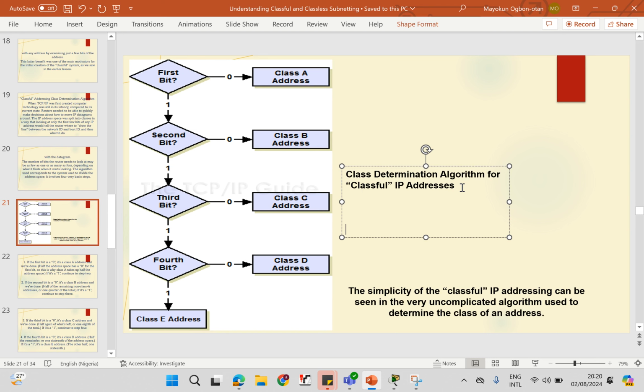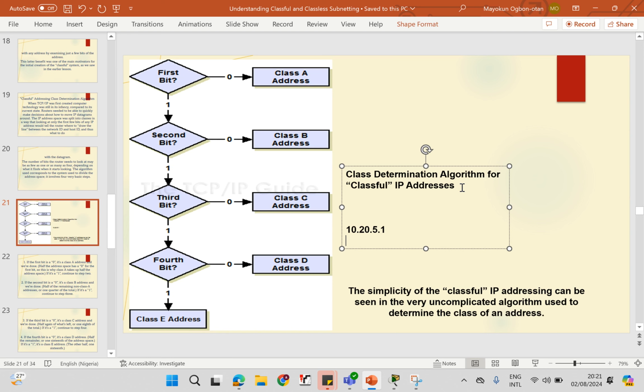So let's say 192 dot 168 dot, or let me use 10 dot 20 dot 5 dot 1. So we need to convert it to binary.